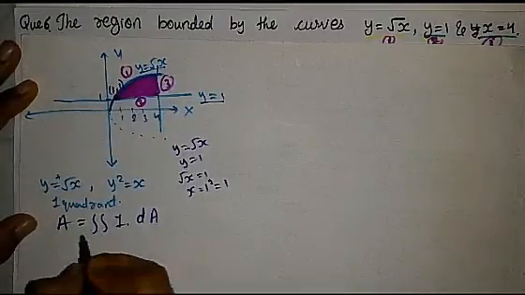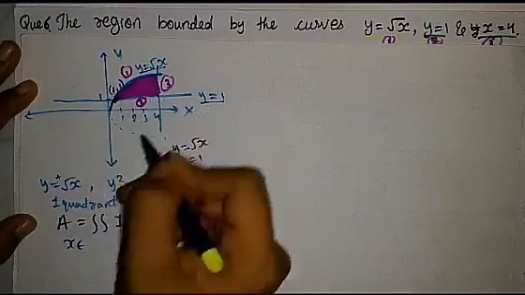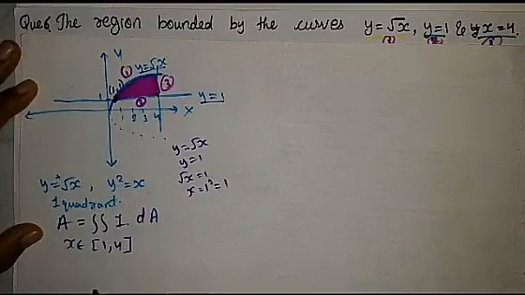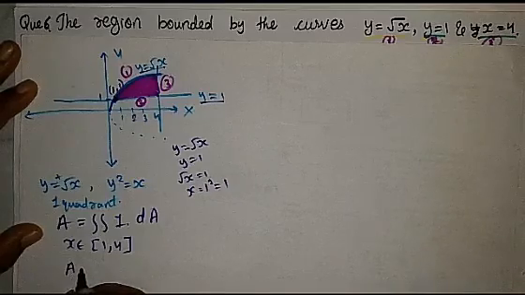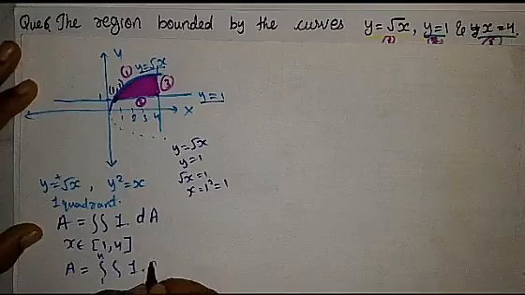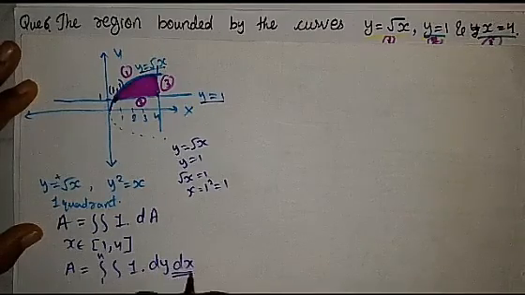So we know that x belongs to 1 to 4. So it has now become easy, because we can take dx outside, because it's constant term. 1 into dy dx.